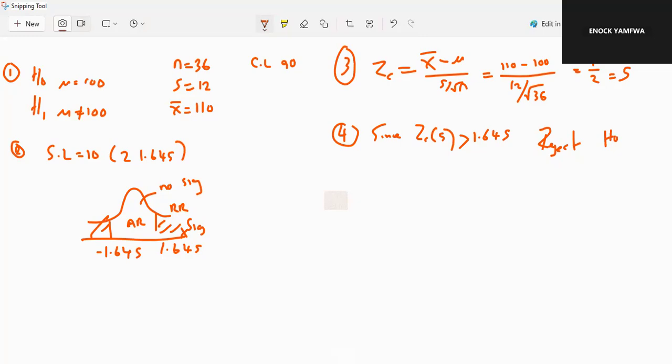So you need to identify important things here. Number one, you need to know whether there are two means that were given: the statistical mean and the hypothetical mean. The statistical mean is simply the mean that we calculate out of the numbers that we have.